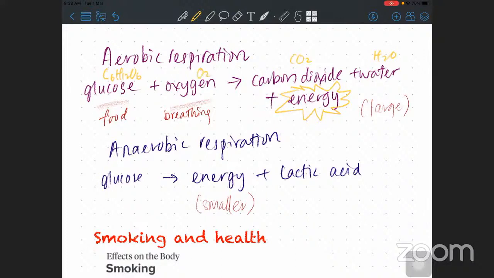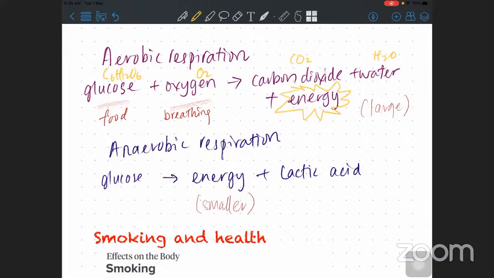Next, we have anaerobic respiration, where we use only glucose. This happens because the body cannot get enough oxygen, but we still need more energy. For example, when you sprint, trying to run very fast or escape from wild animals, you cannot get more oxygen than what you breathe.